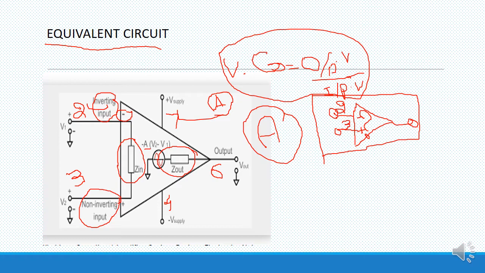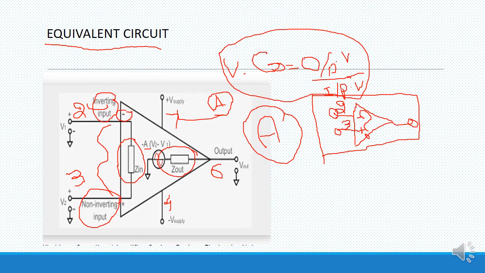Okay, let us revise. What is an operational amplifier? An operational amplifier is a high gain, high input impedance or resistance, low output resistance, differential amplifier. Why is it called differential?